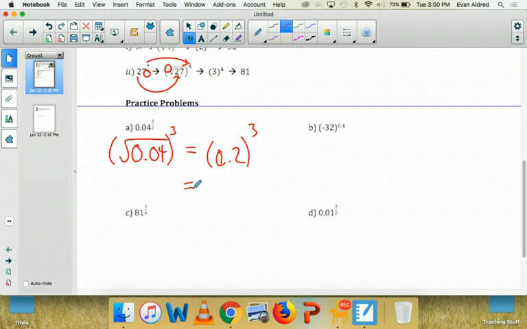So 2 times 2 times 2 is 8. We have an exponent of 3, which means our answer is going to be 3 places after the decimal, 0.008. And if you didn't remember that little trick with the exponent of 3 being equal to the number of places after the decimal, you could just multiply 0.2 out on a piece of scrap paper, and it will give you that answer.